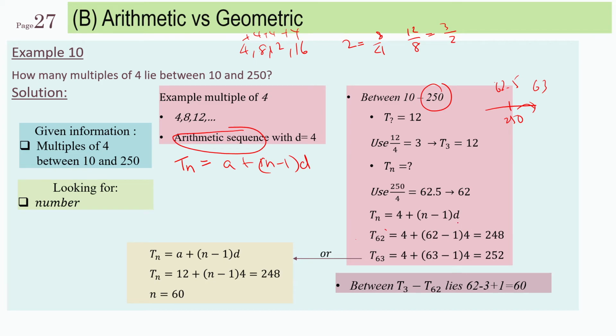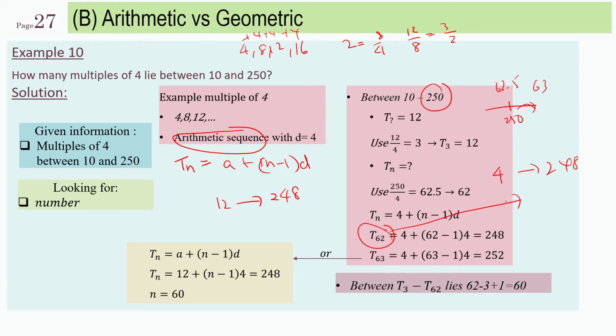They want to know from 12 until 248 how many terms you have. Please remember, this 62 is counting from 4 until 248. There is a difference.